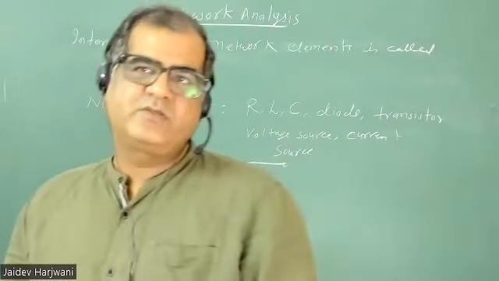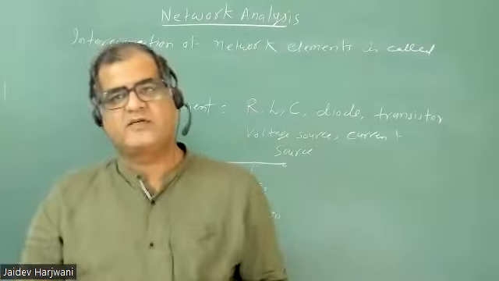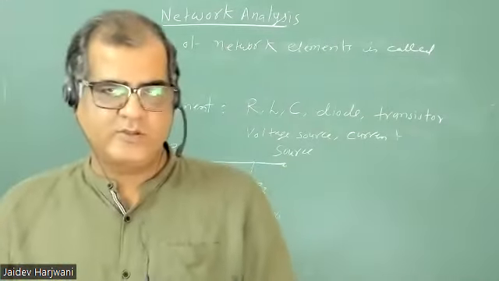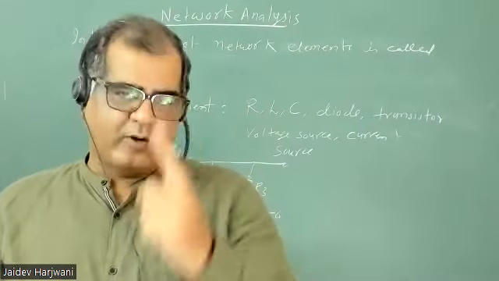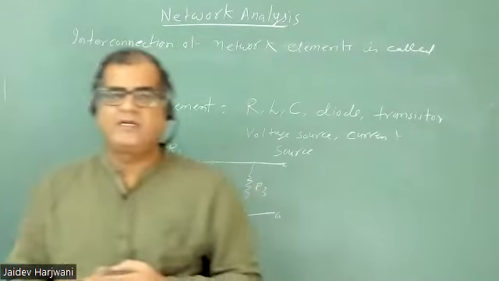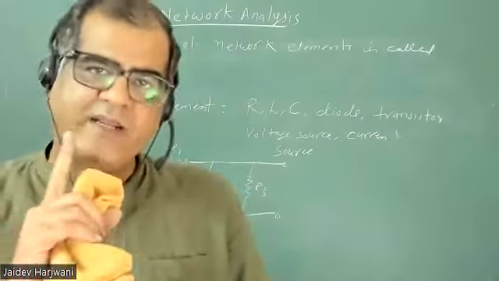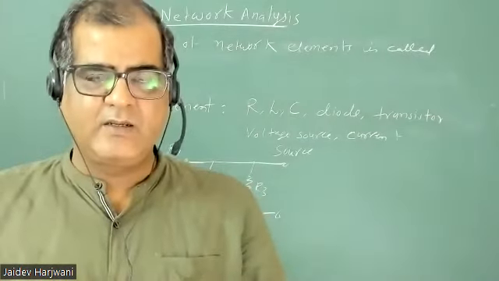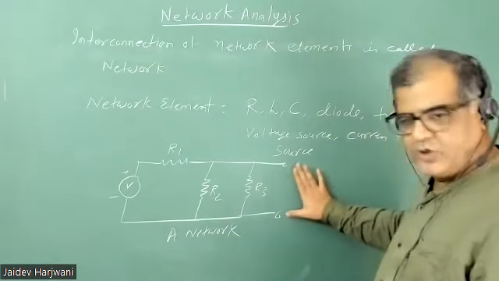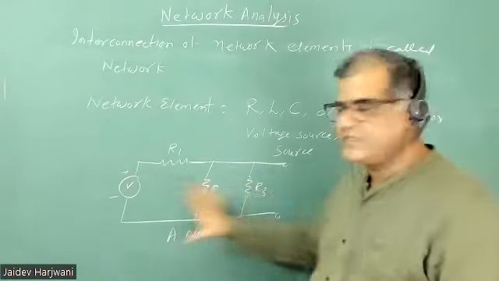So if you want to call an interconnection a circuit, the first condition is it should be closed. The second requirement is that there should be an energy source. This network is open here, so the whole cannot be called a circuit.